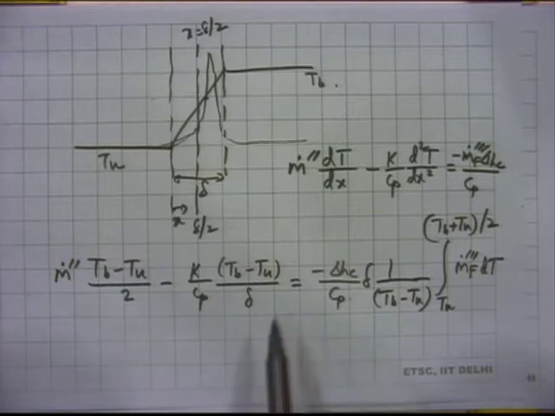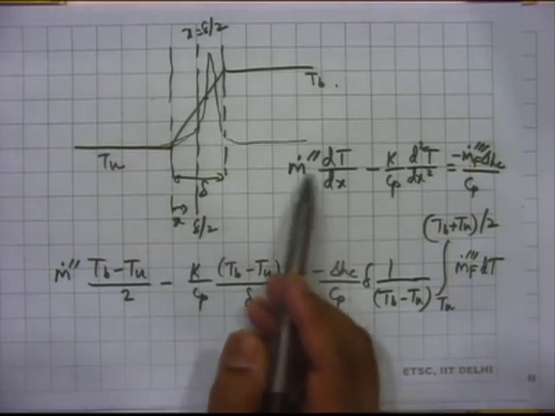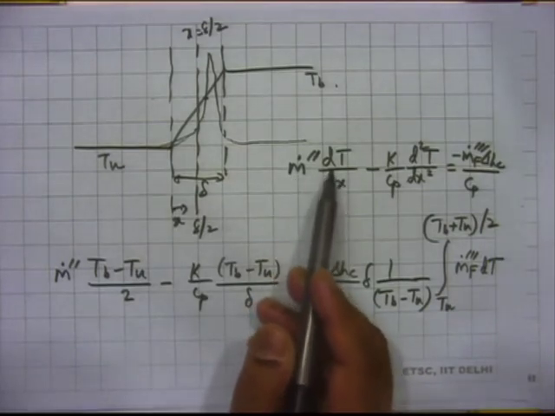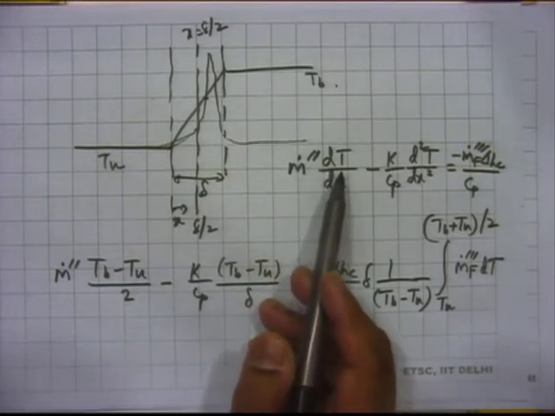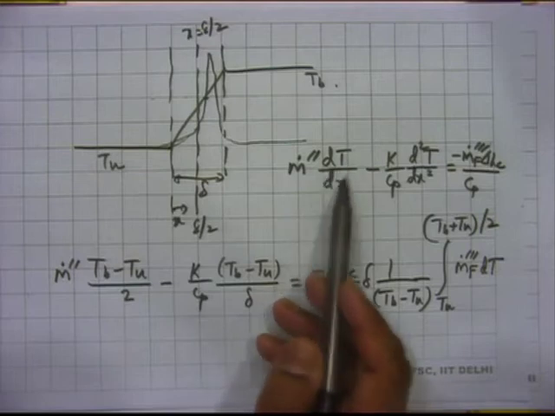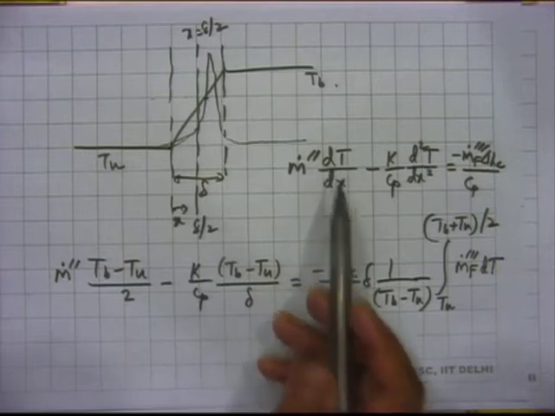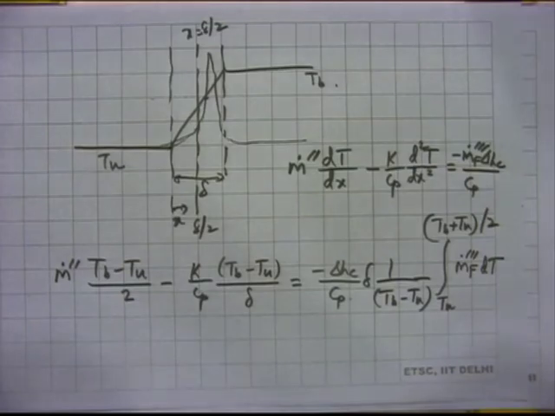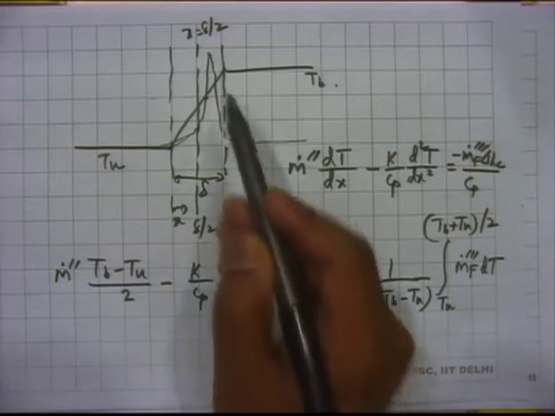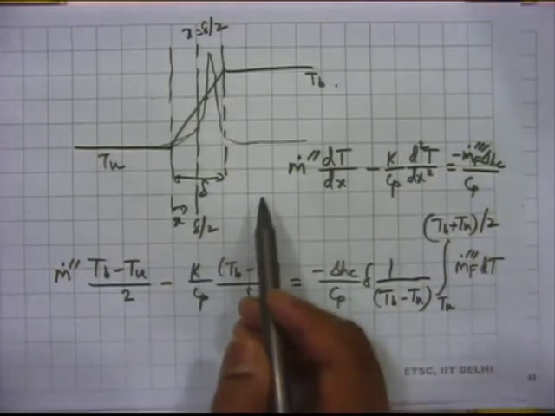So, is this okay? If you integrate this equation, the first term will give you, on integration, dT dx will give you temperature, okay. So, what is the temperature at x equal to delta by 2?